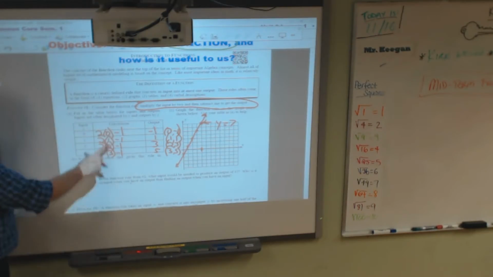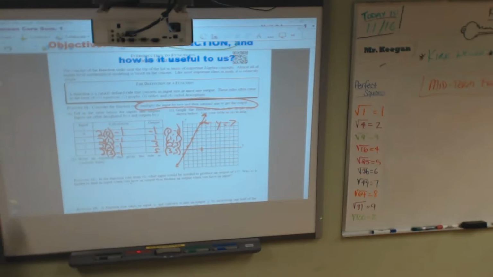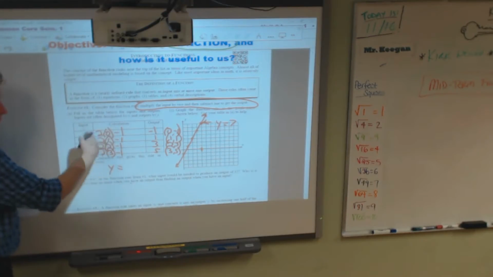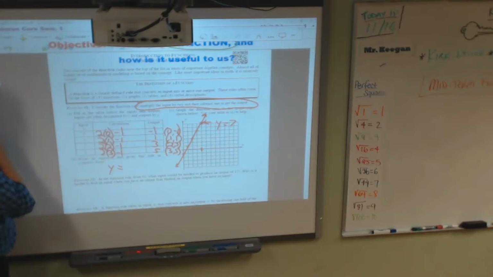All right, so how can I write this equation in symbolic form? In other words, I want to use x instead of these numbers. How can I write the general form of this thing? 2 times 0 minus 1. 2 times 1 minus 1. I want to write the general form using an x instead of these numbers each time.